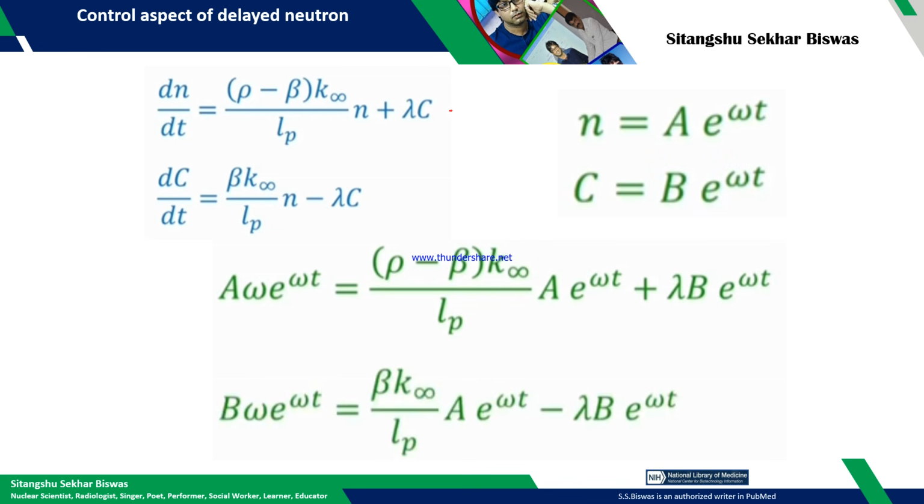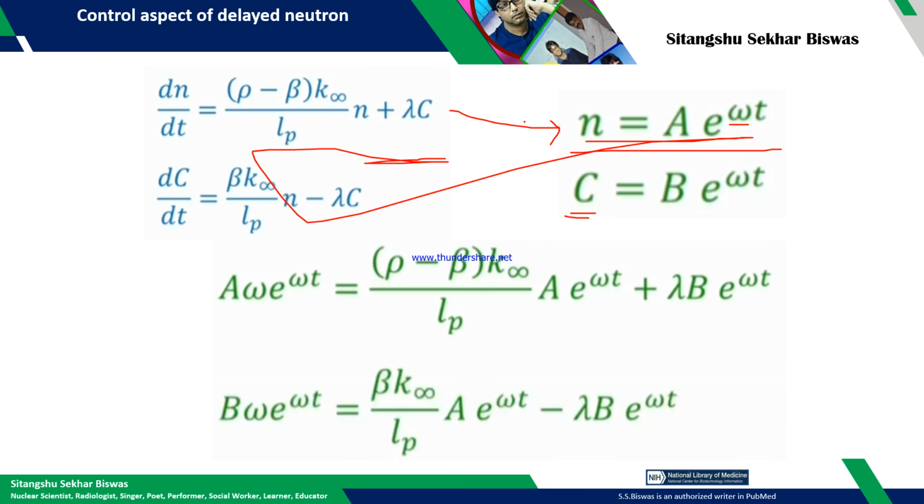For the first equation, the solution is like this: the instantaneous neutron density n is some constant times e to the power omega t, where omega is the frequency. And the delayed neutron precursor concentration C is equal to another constant times e to the power omega t. Now if you substitute this value of n here and differentiate, these 2 equations come out.